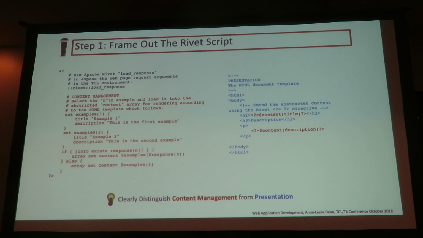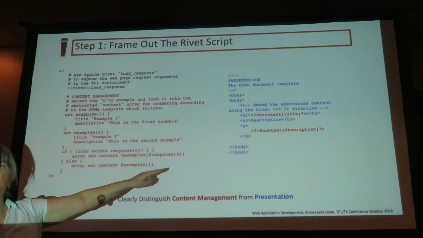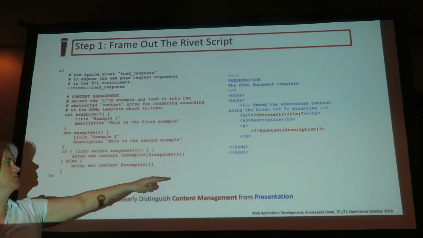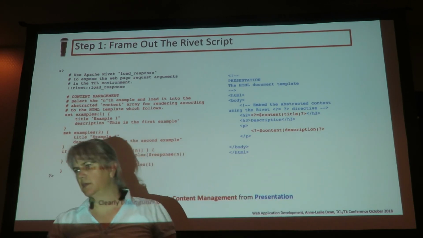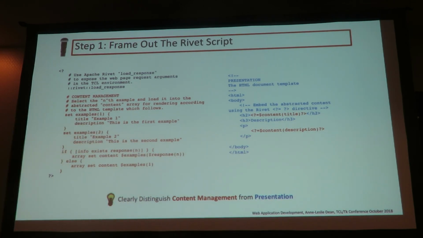So in my Rivet script, again, I'm wanting to clearly distinguish content management from presentation, so I've chosen to put the Tcl, which prepares my data, at the top of my script, and put most of my HTML at the end of my script with only a little bit of Rivet to kind of glue the two together.